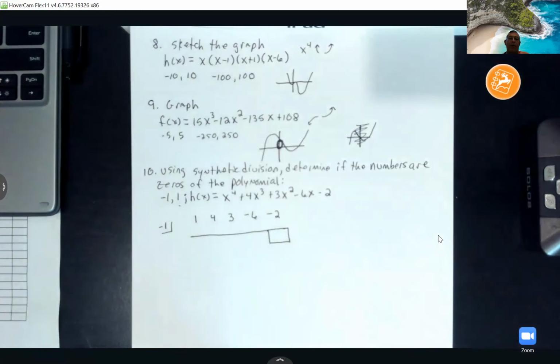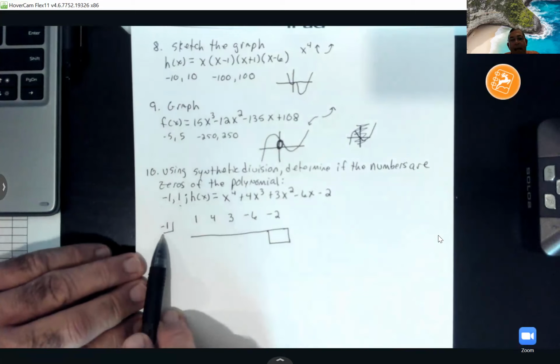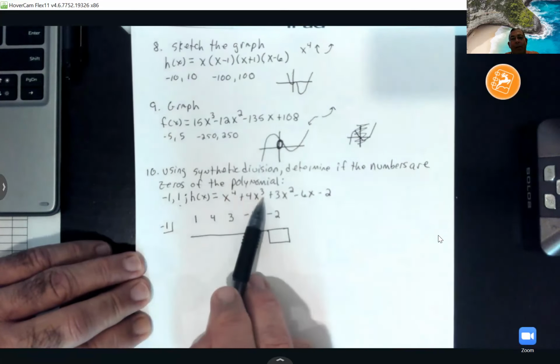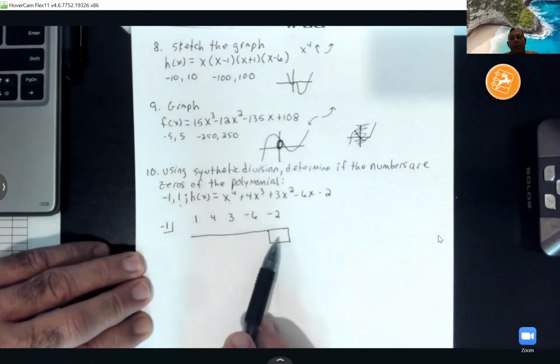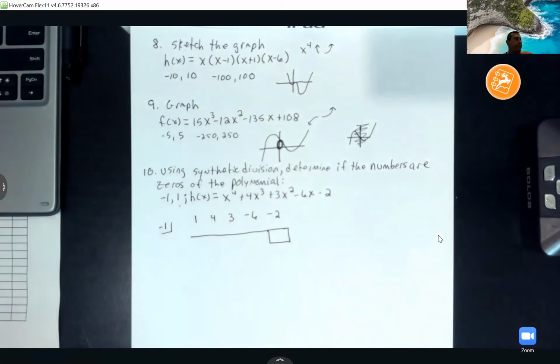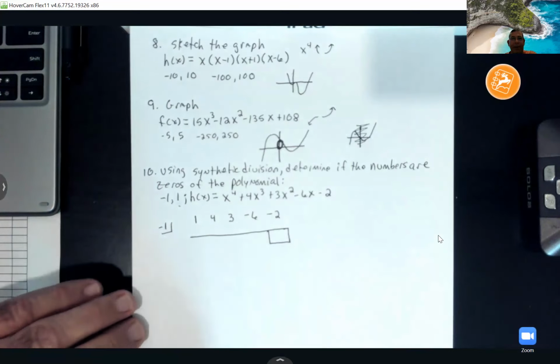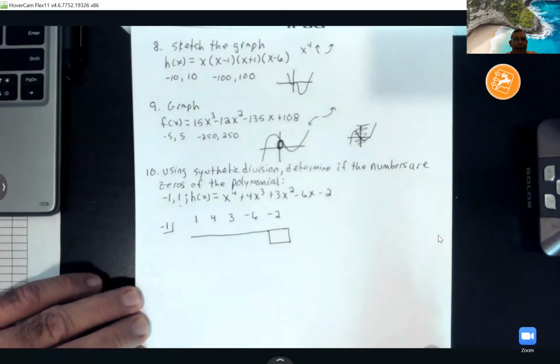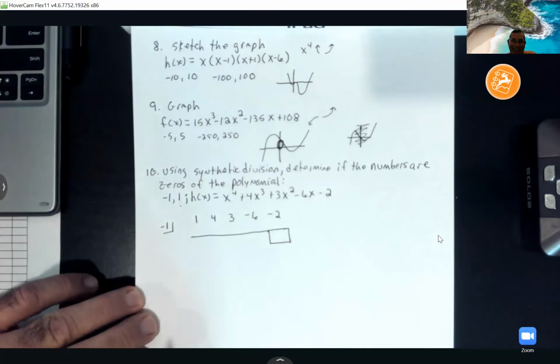So let me see if y'all remember this. If -1 is a 0 of this polynomial, what remainder should y'all get? Well, it's crickets today, ain't it?